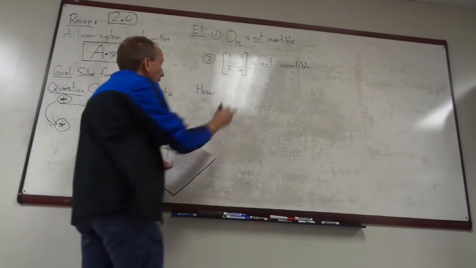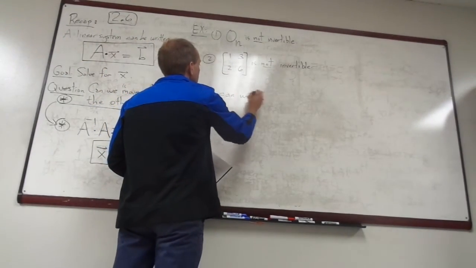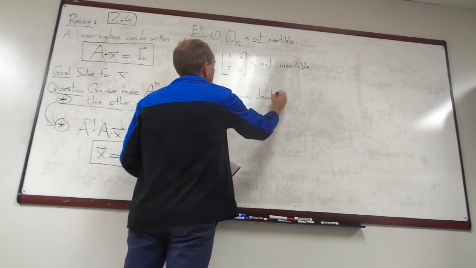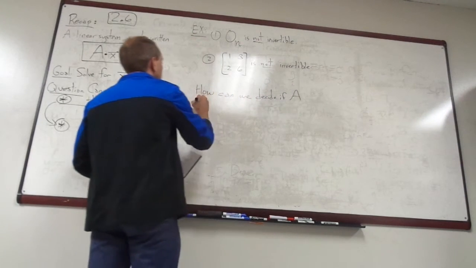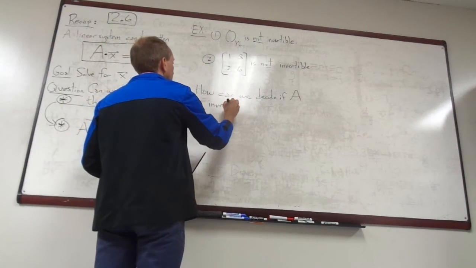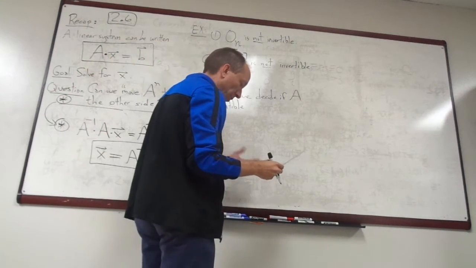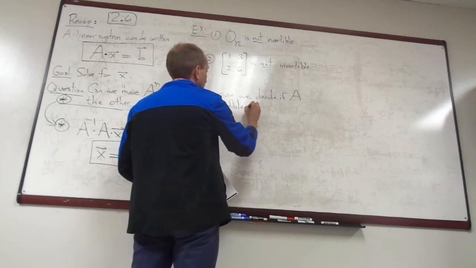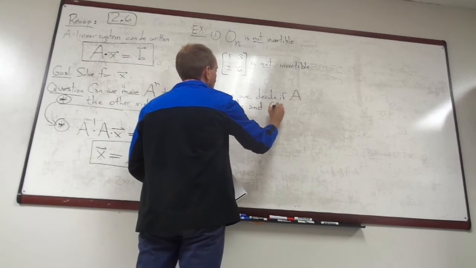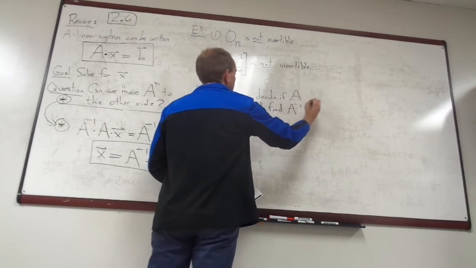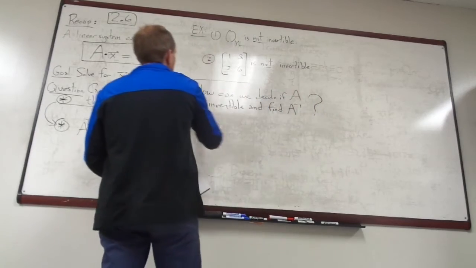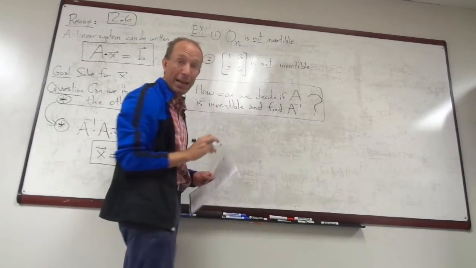So the question is, how can we decide if A is invertible? And then, of course, if so, how do we find A inverse? These are the natural questions that you might be asking right now.